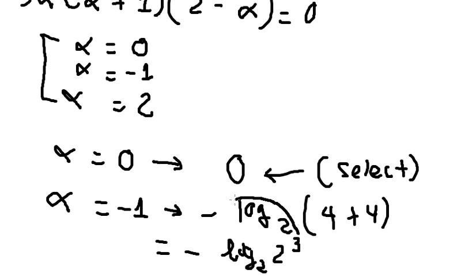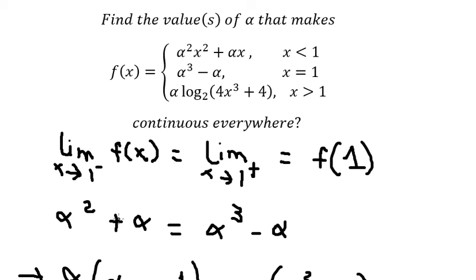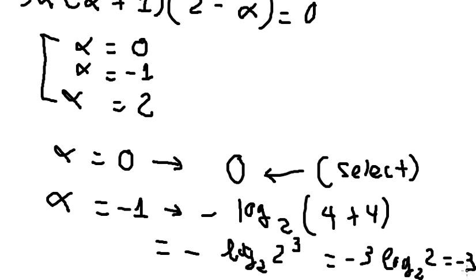So I will put 3 outside here. Log base 2 of 2 is 1, so we have negative 3. So we put negative 1 back in here, and you get 0 in here. This one you get 0. However, on the right we have negative 3, so they are different, so we need to reject.